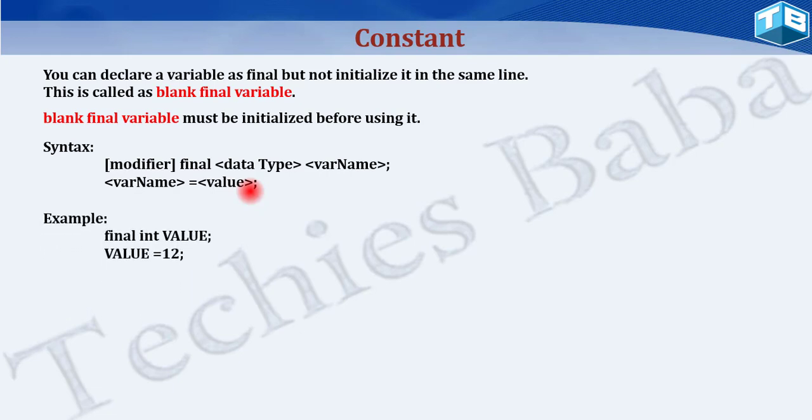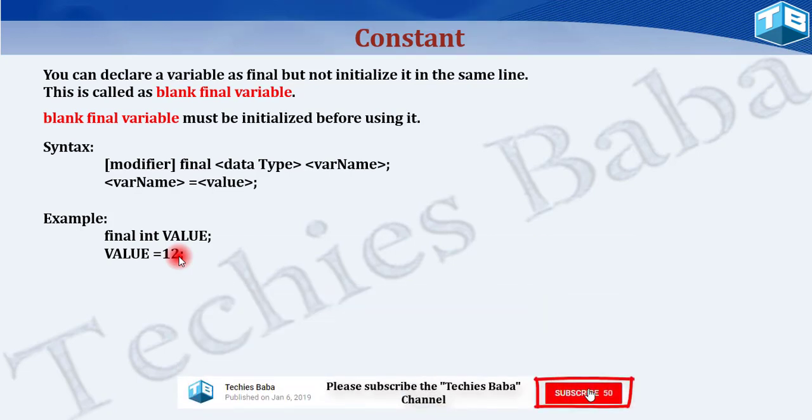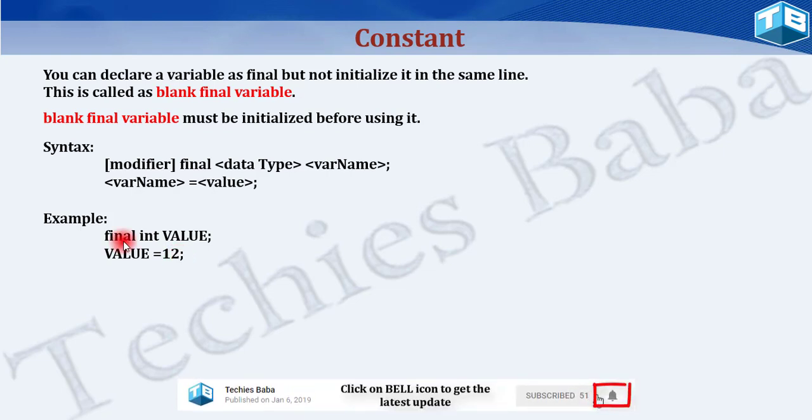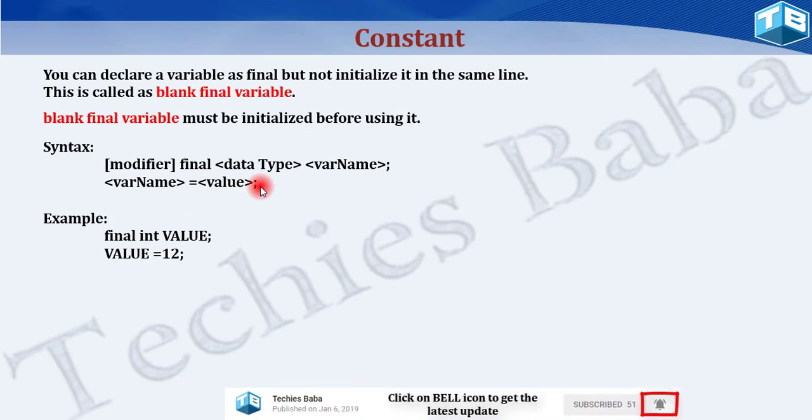Some examples: final int value, and then value equal to 12. This is a blank final variable. So we can have a final variable declared and initialized in the same line, or we can have a final variable declared and initialized in other lines, not in the same line.